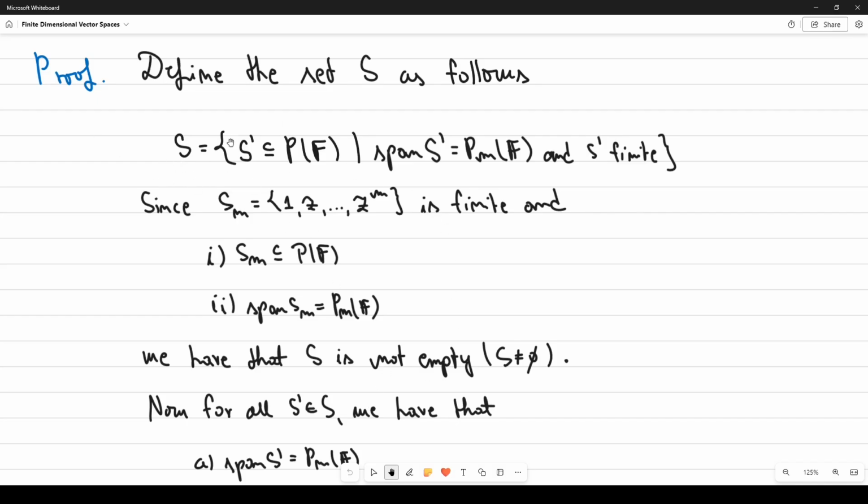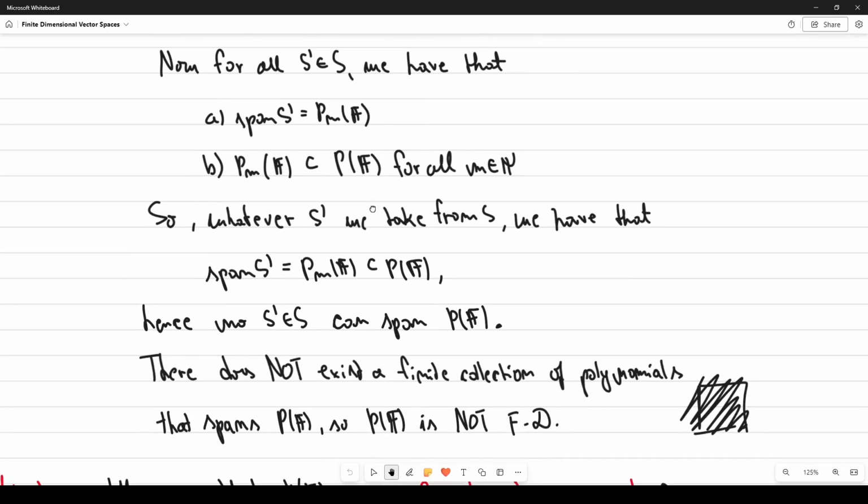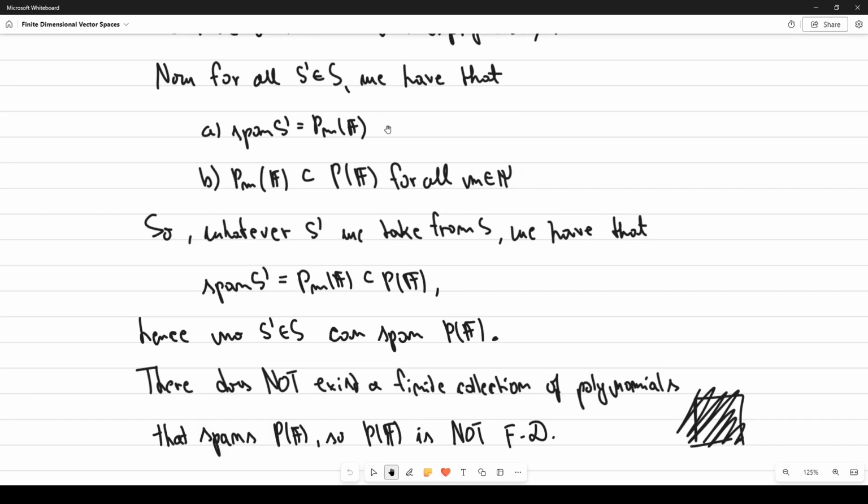Now that we've established our S, we proceed in the following manner. Whatever S' I take from S, by the definition of S, the span of S' is equal to the vector space of all polynomials of degree m, and the vector space of polynomials of degree m is always a proper subset of the set of all polynomials.